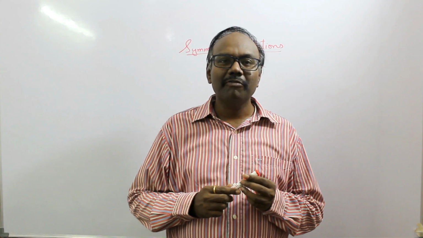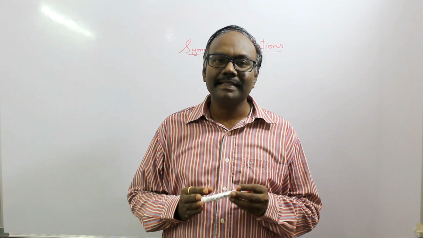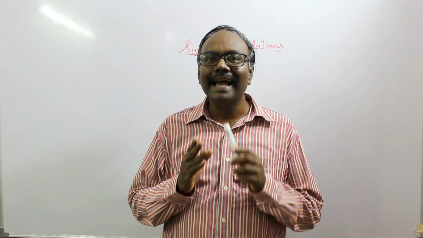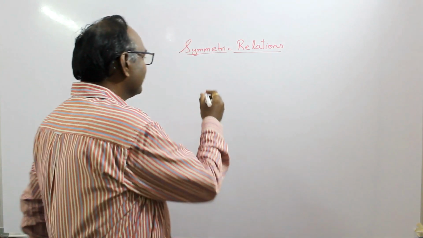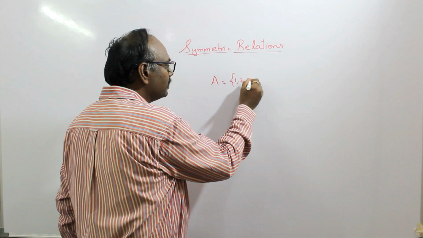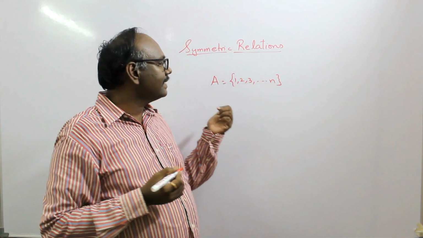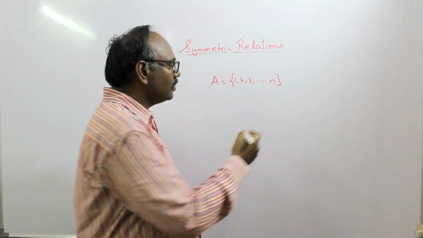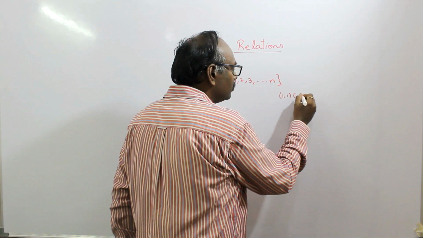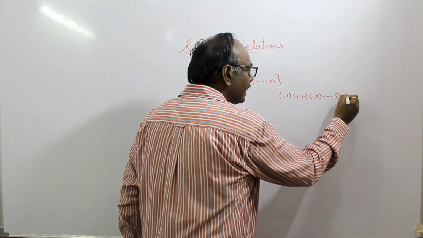Now we have seen how to check whether a given relation is a symmetric relation or not. Now let us see how many symmetric relations can be made on a set A containing n elements. So let us consider a set A which contains the elements say 1, 2, 3, so on till n. So the Cartesian product contains n squared ordered pairs. Let us write down the ordered pairs: 1 comma 1, 1 comma 2, 1 comma 3, so on till 1 comma n.